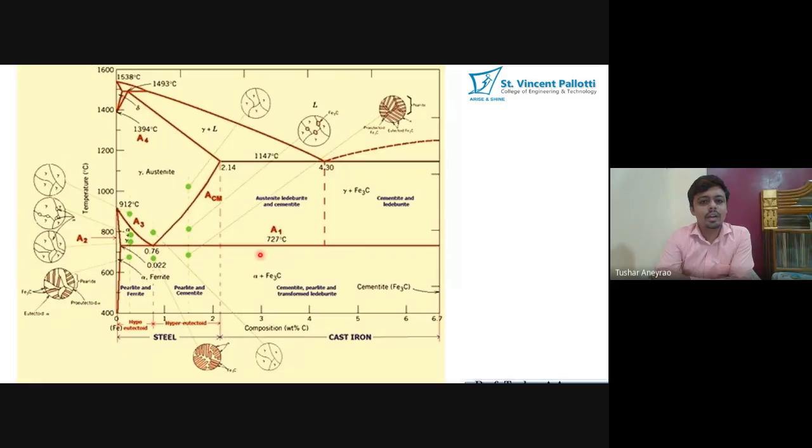Then ledeburite. First of all, you should know what this mixture ledeburite is. Ledeburite is the eutectic mixture. Eutectic mixture means what? The phase ledeburite is obtained only when the carbon percentage is how much? 4.3%. Even if you are at 3%, you are also having ledeburite here.